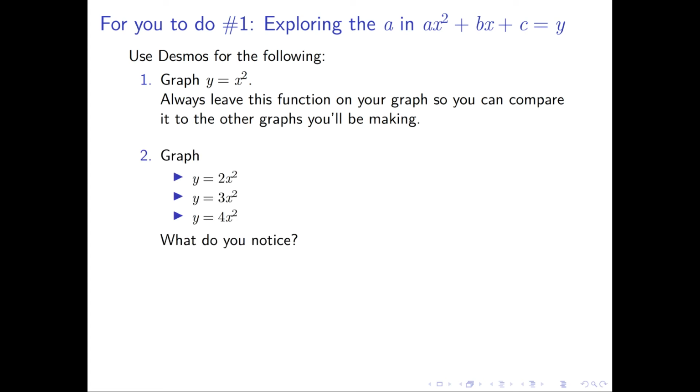Now in the first series, I'd like you to graph each one of these functions, compare them to y equals x squared, draw them in your journal, and then what do you notice? You should stop the video for a moment and restart it after you've done that.